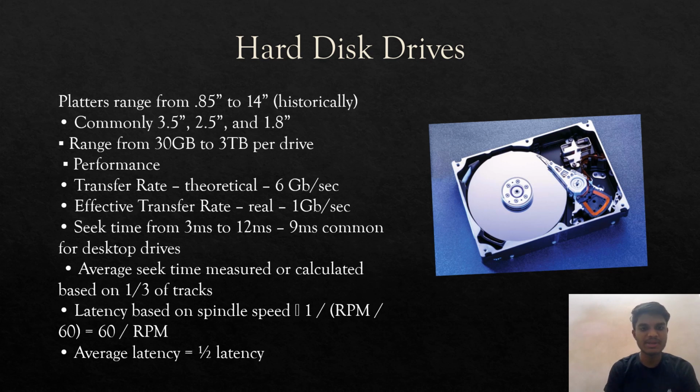Seek time is from 3 milliseconds to 12 milliseconds, and 9 milliseconds is common for desktop drives. Average seek time is measured or calculated based on one third of the tracks. Latency based on spindle speed is 1 divided by RPM, multiplied by 60, which equals 60 divided by RPM. The average latency is exactly half of the disk's latency.